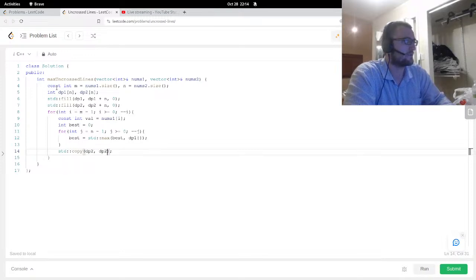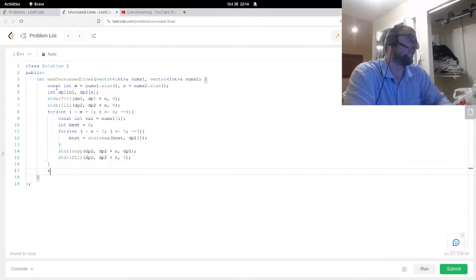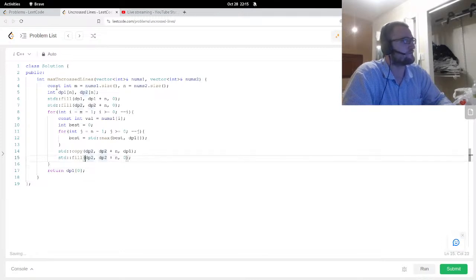Copy dp2 into dp1, and then erase dp2. Right, reset dp2. So we're going to write into dp1 each time and return the maximum value of, it really should just be dp0, I think, of dp1 at the end of it.